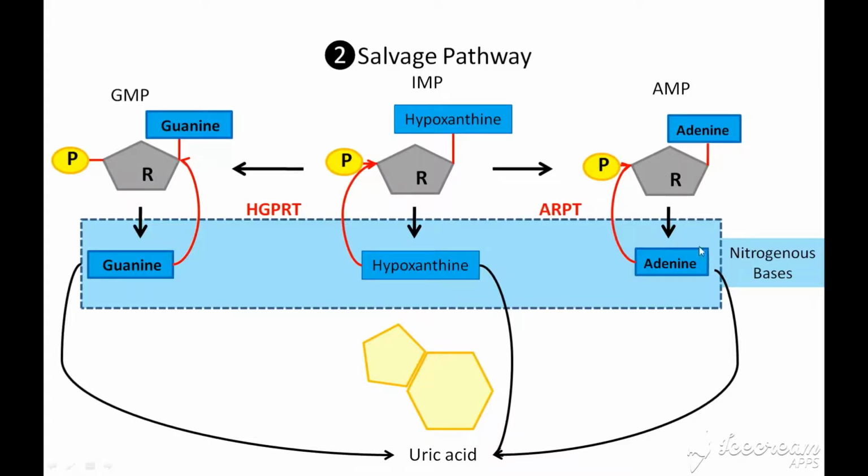Eventually, all these nitrogenous bases will be converted into uric acid for excretion into the urine. The salvage pathway is composed of two enzymes: HGPRT, which stands for hypoxanthine-guanine phosphoribosyltransferase, and APRT, which stands for adenine phosphoribosyltransferase. The HGPRT enzyme takes guanine and hypoxanthine and converts them back into GMP and IMP respectively. The APRT enzyme takes adenine and converts it back into AMP.